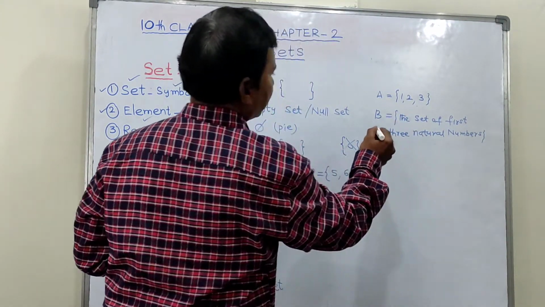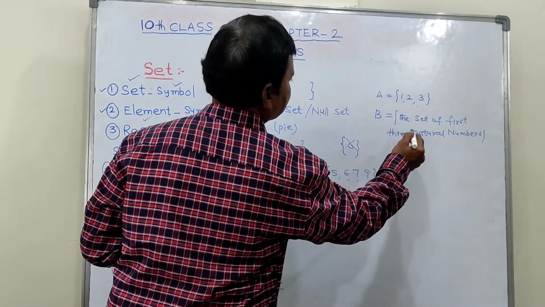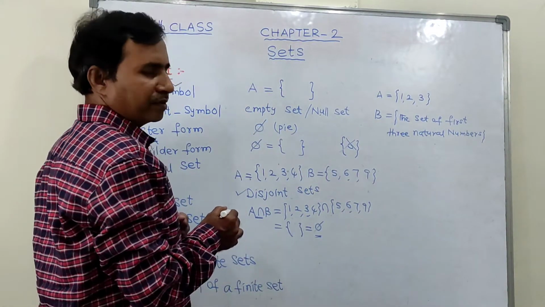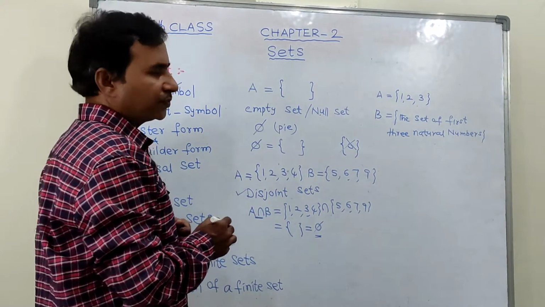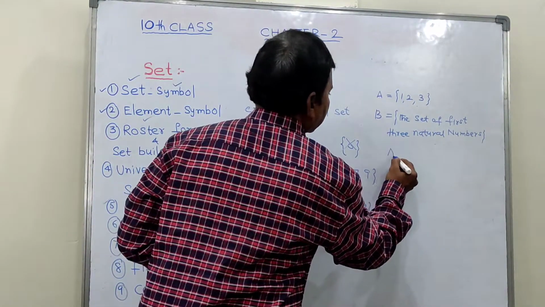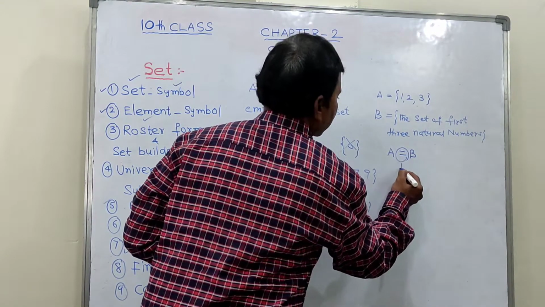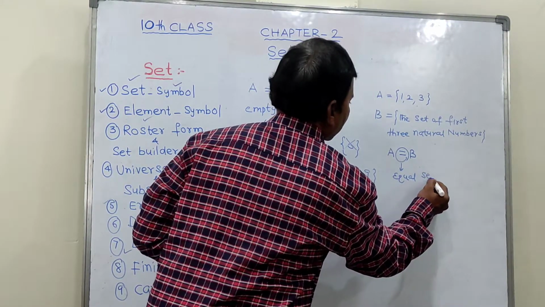See, if you observe A is equals to 1, 2, 3 and B is equal to the set of first 3 natural numbers, means both are having the same meaning, means A and B both are same. So, we will write them as A equals to B, equals to represent for equal sets.